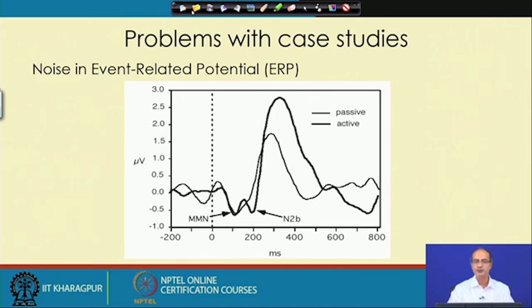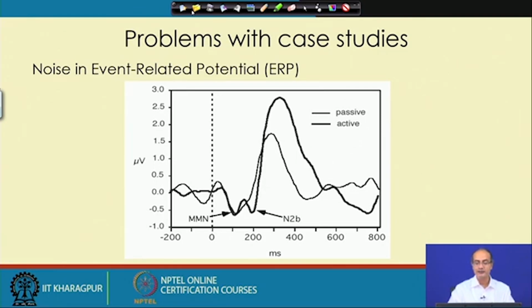Now, at the beginning of the experiment, the subject is given the introduction which one is the rare tune, which one is the more frequent tune, and after that the subject is instructed to count only the rare tunes. So, now the subject not only listens to the tunes, but has to distinguish which tune is played and keep a count of that.